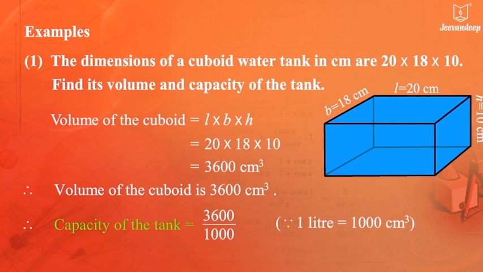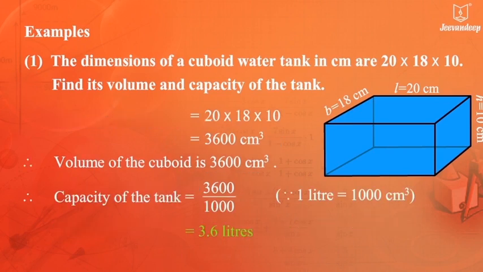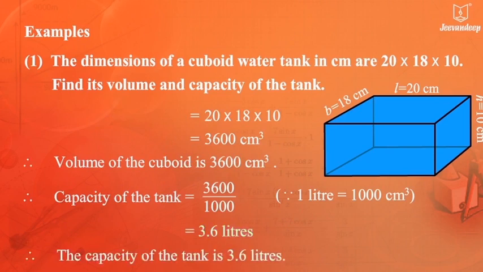Capacity of the tank is equal to 3600 by 1000, since 1 liter is equal to 1000 centimeters cube, which is equal to 3.6 liters. Therefore, the capacity of the tank is 3.6 liters.